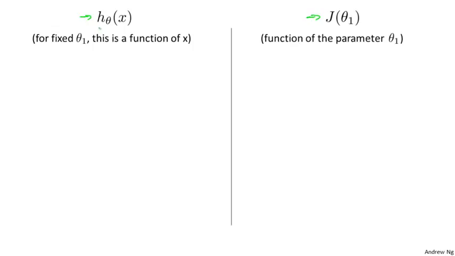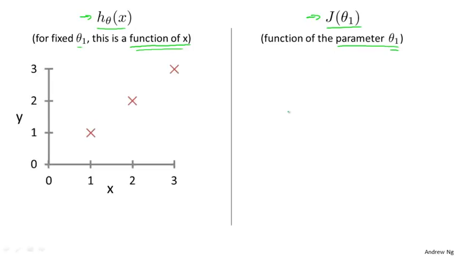Notice that the hypothesis h of x, for a fixed value of theta 1, is a function of x. So the hypothesis is a function of the size of the house x. In contrast, the cost function J is a function of the parameter theta 1, which controls the slope of your straight line. Let's plot these functions and try to understand them both better.